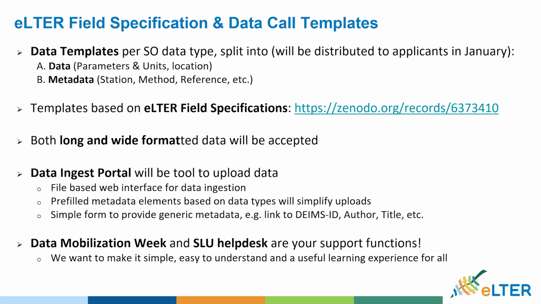What we are aiming for within this data call is to reduce it to the mandatory information for each data type related to the specific focus standard observations, to make your life easier, and to make our life easier for the data mobilization itself. So don't worry, you can look into this field specification. It is, to be honest, a bit overwhelming at first if you look at it, because it aims to cover all standard observations within one template. That's not what we are aiming for within the data call. You will have, again, individual ones for each data type you want to mobilize.